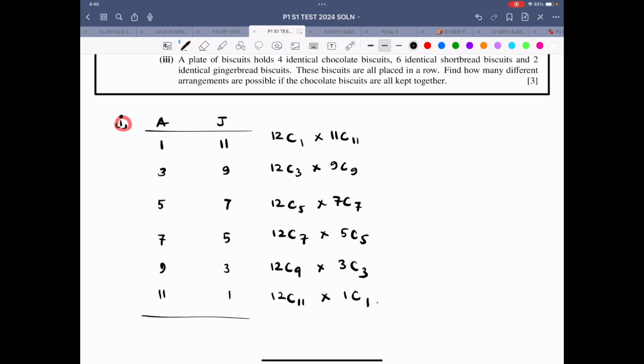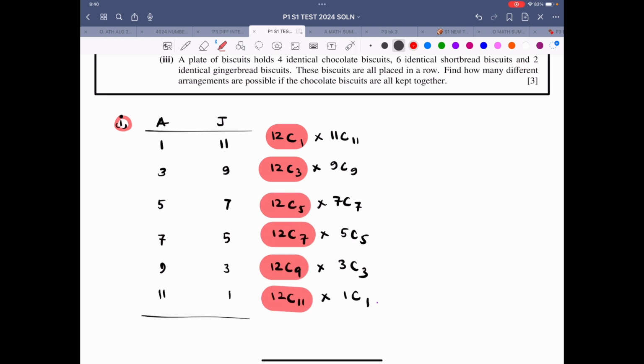Basically I have to add these, so let me grab a highlighter. This is 12C1 and 12C3 and 12C5, 12C7, 12C9, 12C11. I just have to add it up: 12C1 plus 12C3 plus 12C5, 12C7, 12C9 and 12C11.